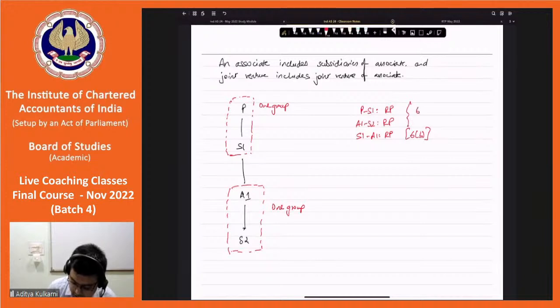These two are by virtue of 6A. Okay. So S1, A1 is done. Now, is P related to A1? Answer is yes, because A1 is an associate of S1 who is a member of the group. P is also a member of the group. So P and A1 are related parties.